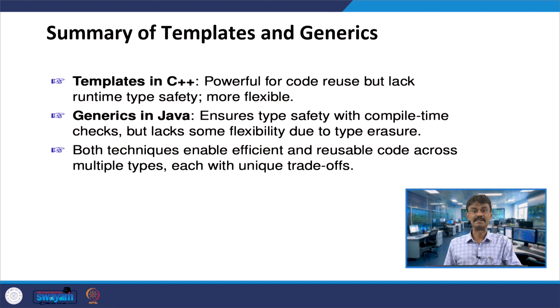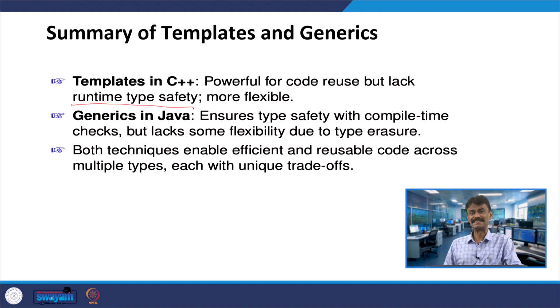Templates in C++ are powerful for code reuse, but lack runtime type safety, and they are more flexible. In the case of generics in Java, the type safety is ensured during compilation time, but it lacks some flexibility due to type erasure.